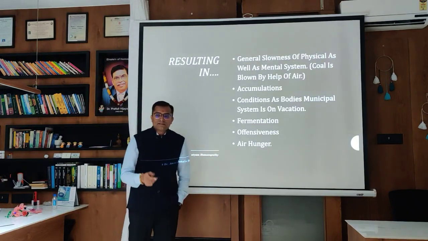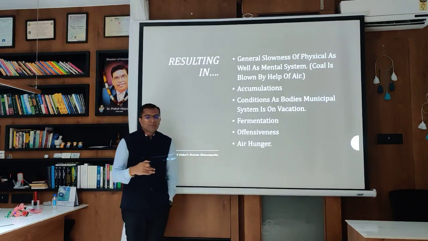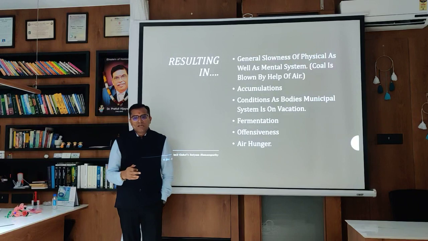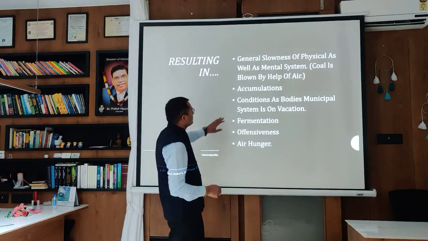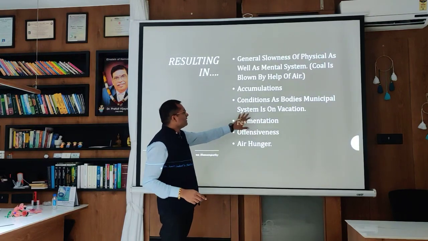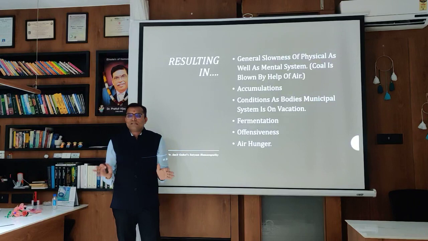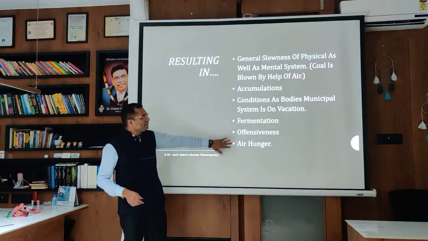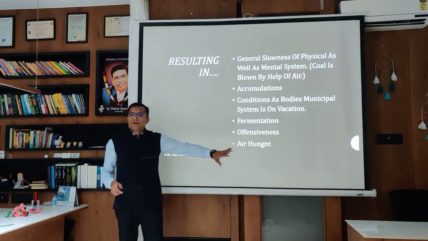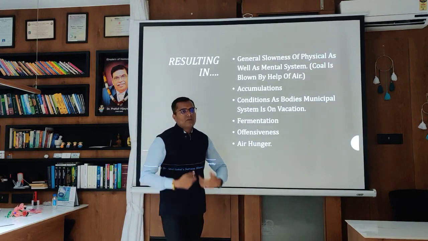So there is a slowness. It also accumulates many things in its cellular components. It is a condition as if the body's municipal system is on vacation. Say, for example, when someone is on vacation, no work is going on, there is only slowness. So when there is slowness at the GIT, what happens? Accumulation of food, and that food cannot go down.